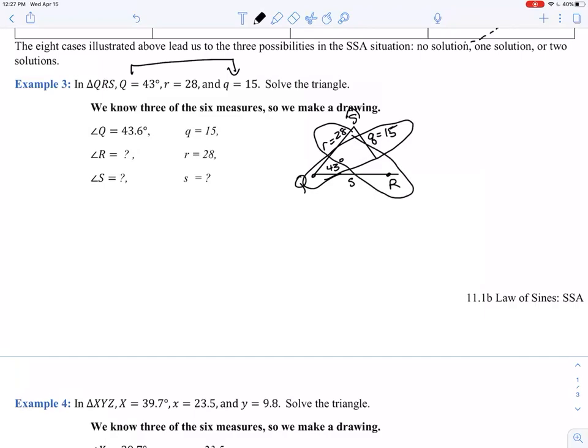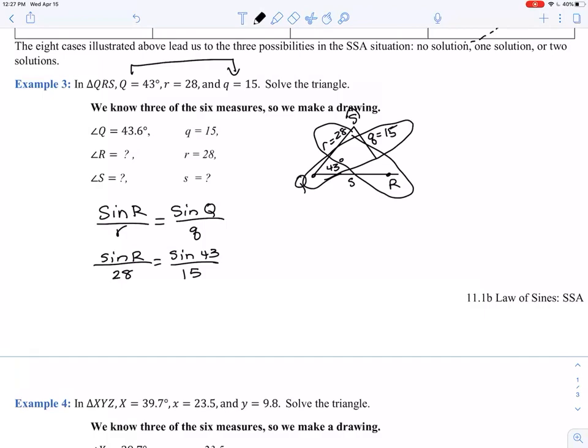So what I would do is I would just say, okay, so angle R, so I'm going to say the sine of R over R equals the sine of Q over Q. Do some substitution there. So we'll do the sine of R over R, which is 28, is equal to the sine of Q, so the sine of 43 over side Q, which is 15, and we will see what happens here.